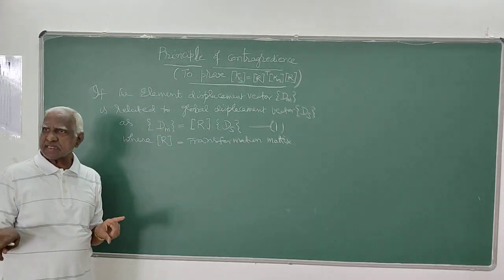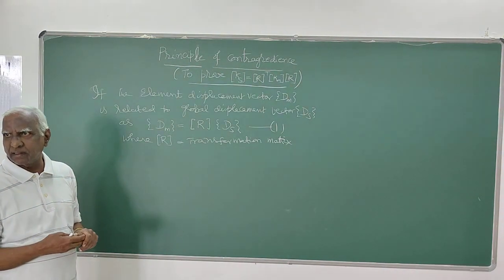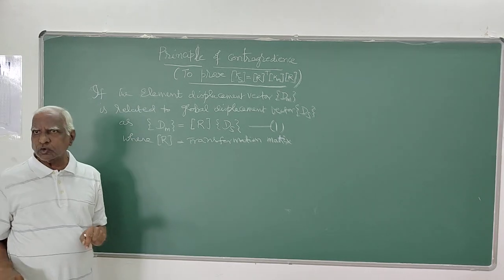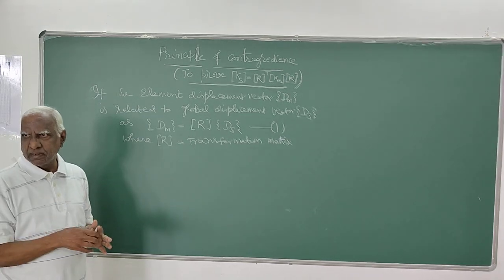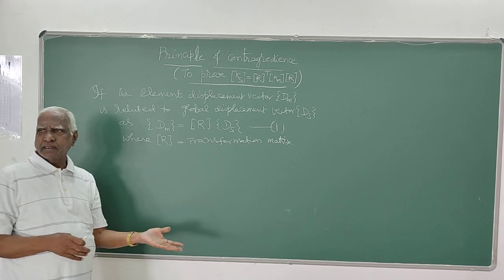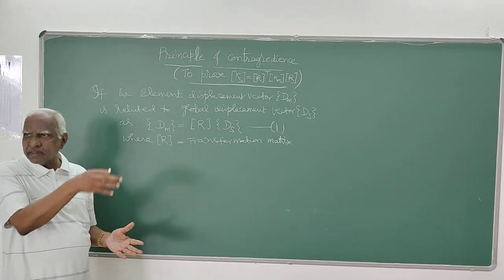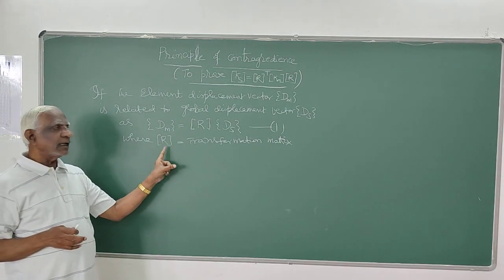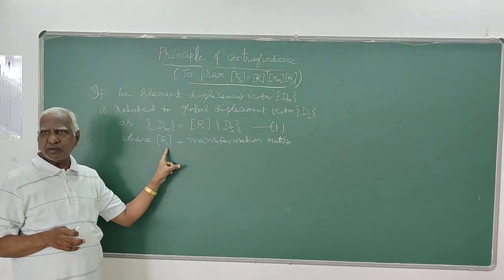You have already done this exercise in truss problems, applying a unit displacement along the global coordinates one at a time and determining the corresponding displacement along the member directions. Like that you can evaluate all the elements of R.